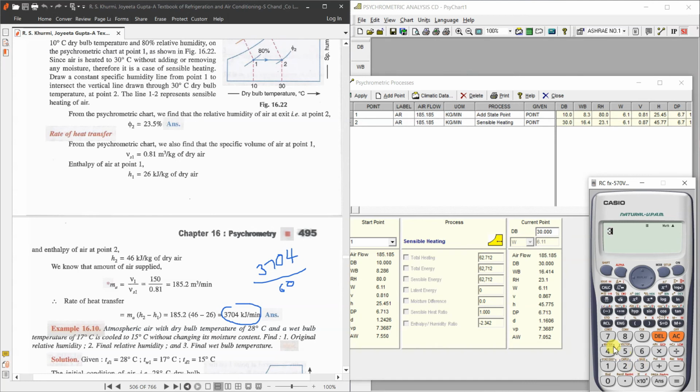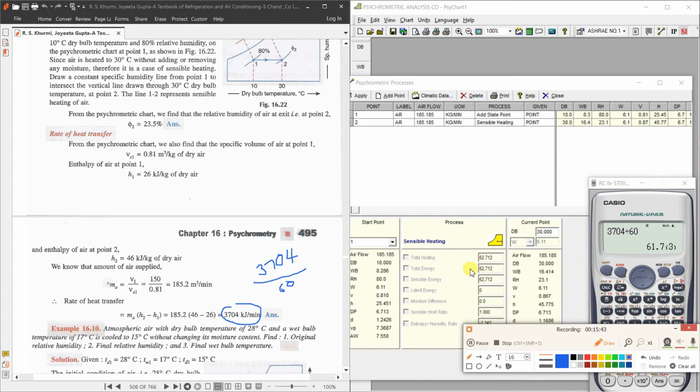So 3704 divided by 60. This value is 61.7 kilojoule per second. So I'll write down the value 61.7 kilojoule per second.